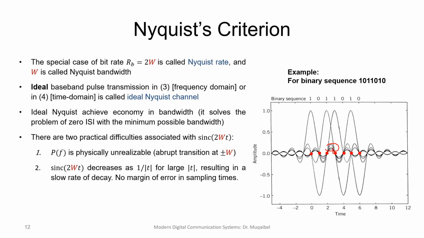I would love to have a smaller tail, because if I make a mistake, then the impact of the mistake will be less. So two problems with sinc. They are not physically realizable because they have infinite time, but we can approximate. The second thing is that their decay rate is not as good as other pulse waveforms, as we're going to see.